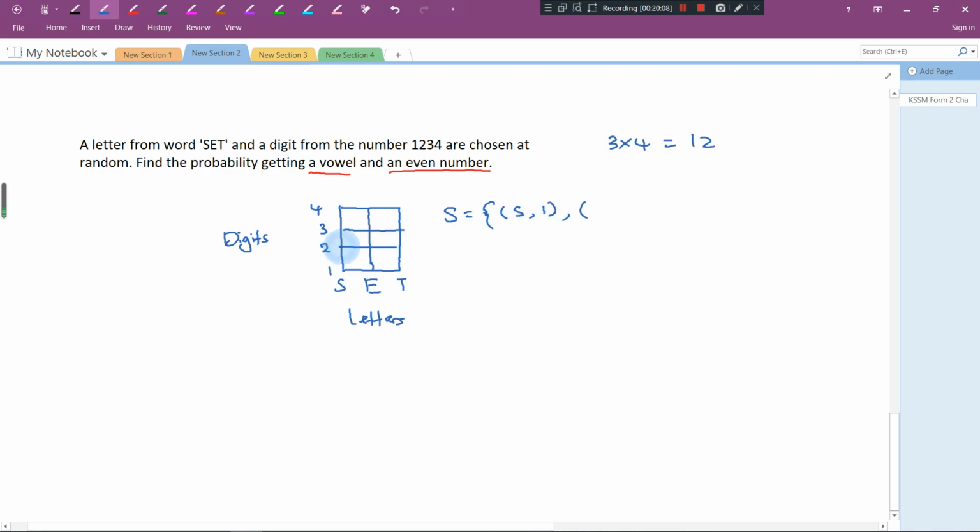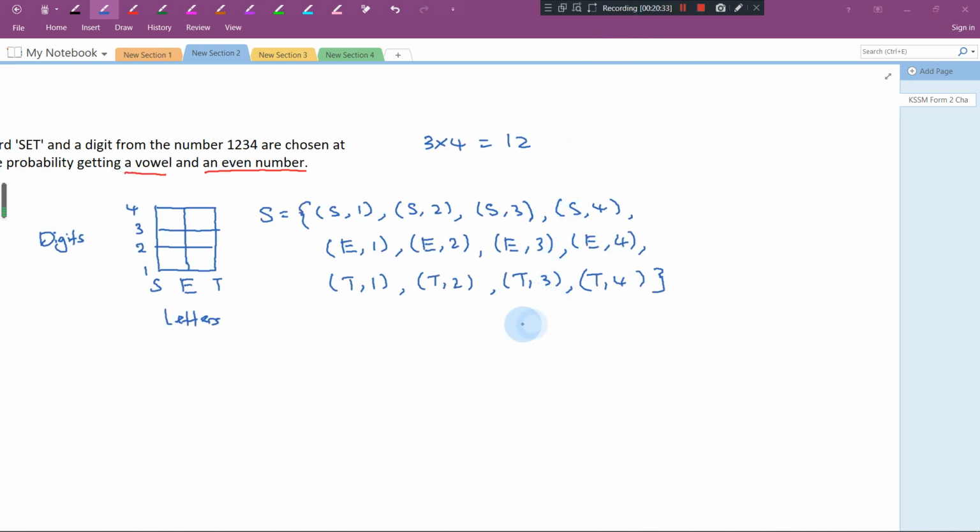We just look at the intersection points. S3, S4. And so on. Let me list out all first. So now we have 12 combinations in total.